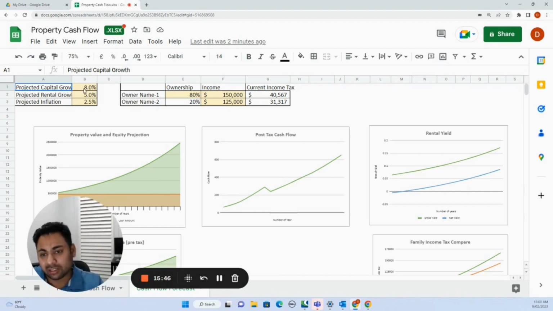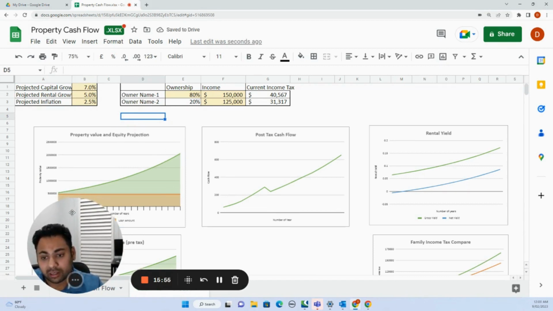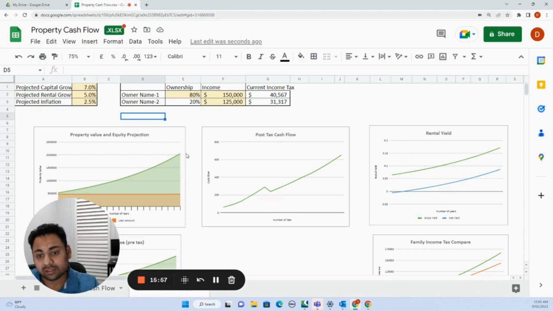Generally in Australia the property grows 7%. So to be conservative, you use 7%, and you can find out after how many years your property value is growing. And what is your net yield? See, net yield is growing with time because rent increases, and your gross yield is increasing as well.